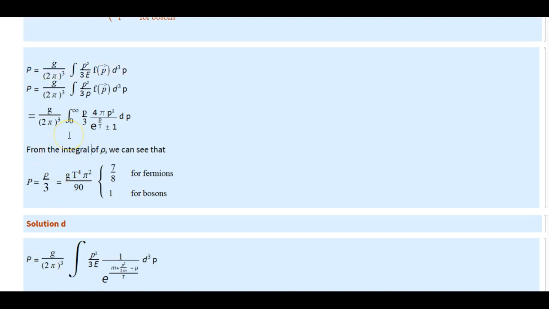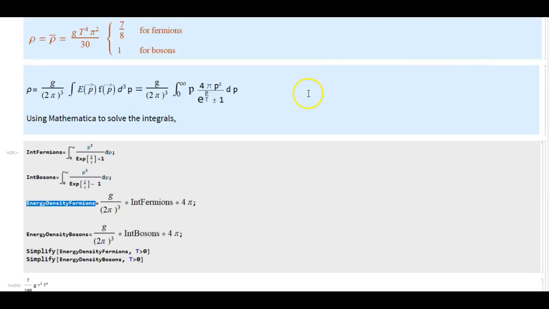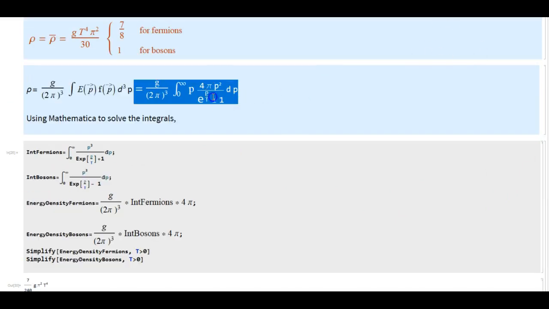Now you can solve it using Mathematica, or you can look at the integral that we obtained in the expression of rho. If we factor out 1 over 3, the remaining integral is the same as what we obtained for rho in the relativistic regime in the last video, for energy density.